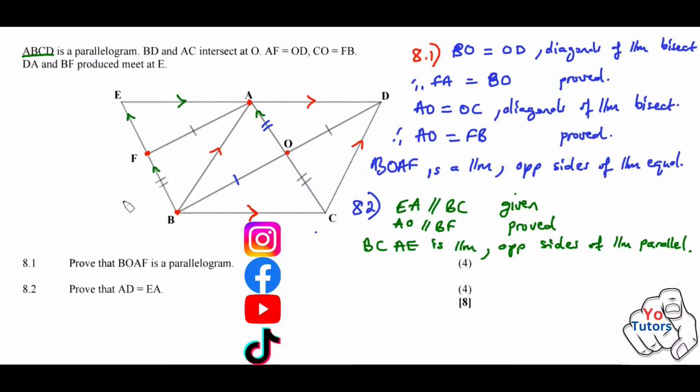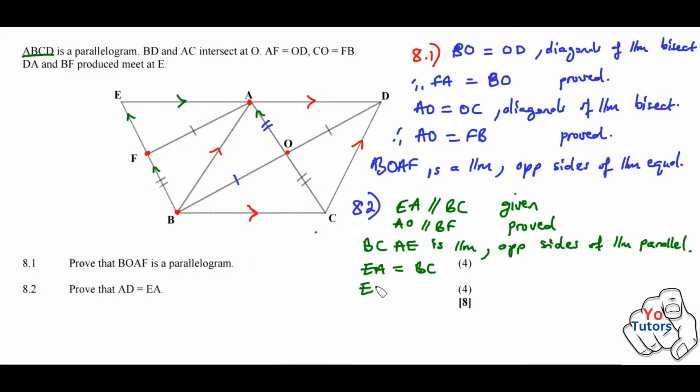That's what we know. Now, once we say that these opposites are parallel, we know that EA is equal to BC. Now, when we have EA equal to BC, EA is also equal to AD, because this is a parallelogram as well. So here we prove that EA is equal to AD. So we have proved that. You can get your 4 marks from there, then you'll be fine.